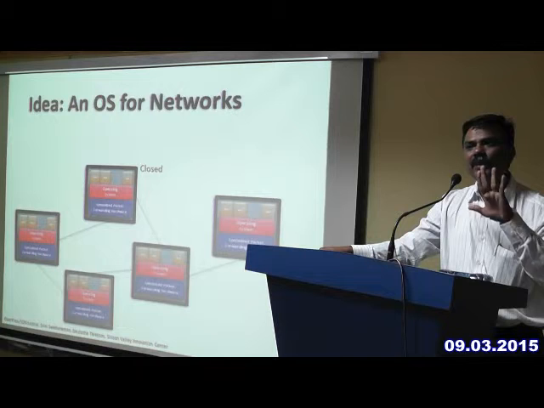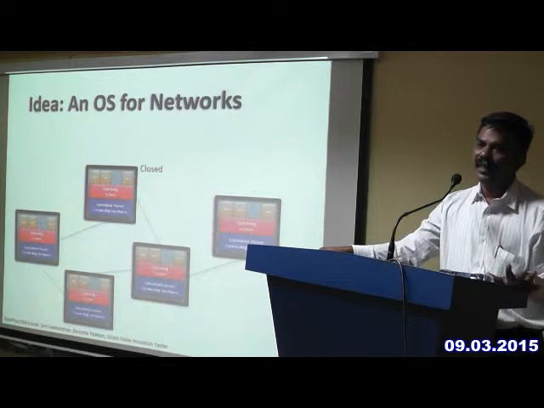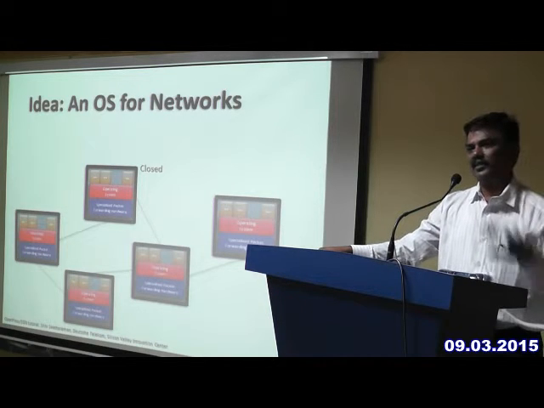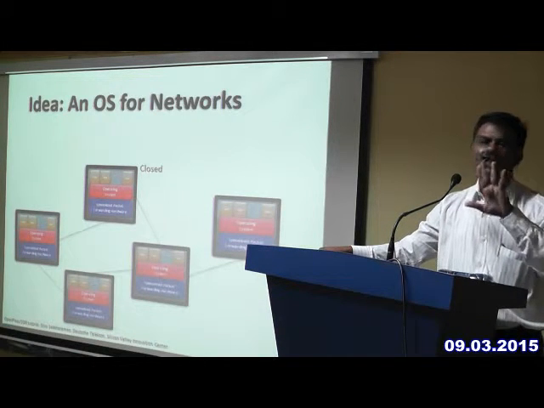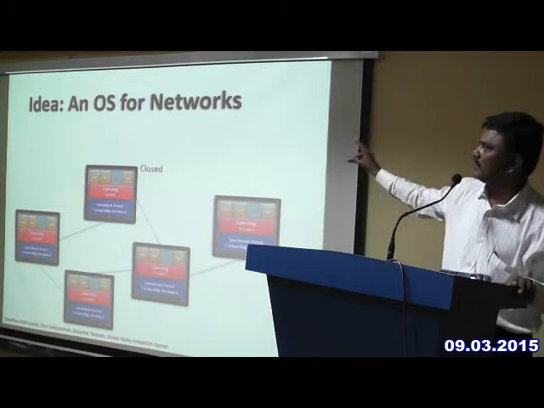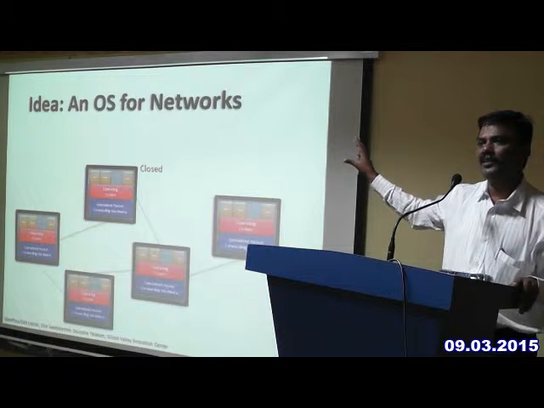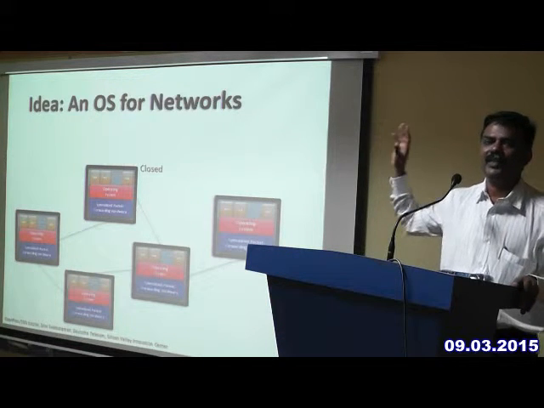Okay. Then there is no exclusive operating system for networks in a global sense. In a global sense, it is not available, and that is the logic behind an operating system for networks. This is the core idea behind software-defined networking.